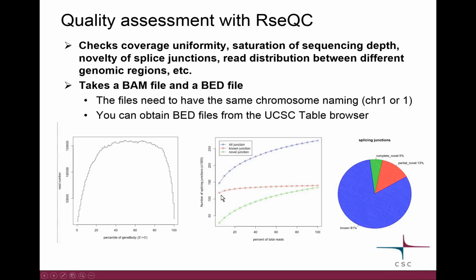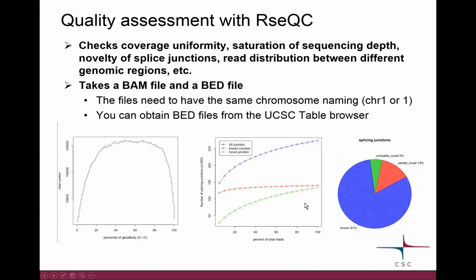From the known junctions, we pretty much know them already here at 30% of the reads. So adding more reads to our data, sequencing more, wouldn't help us find any more known junctions. But the novel junctions shown here in green are still rising towards the end. That means that if we would sequence more, we could maybe find a few more new junctions. And blue is just a summary of these two curves.